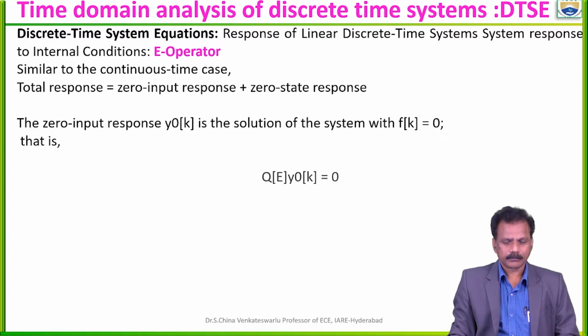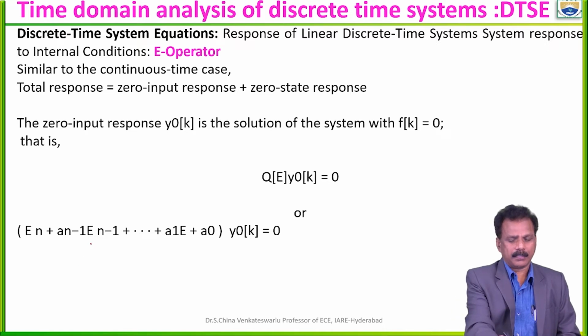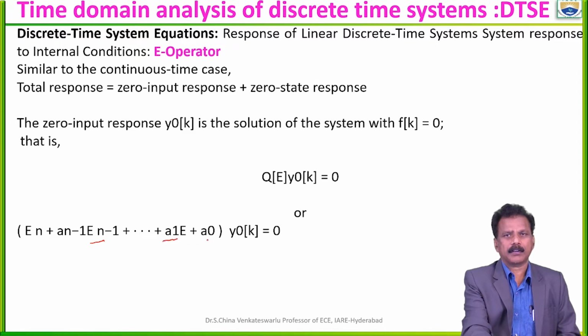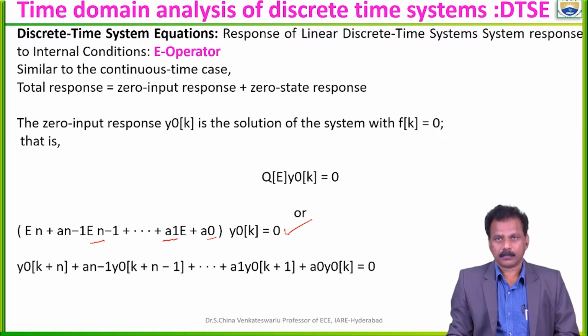That is Q of E into y0 of k is equal to 0, or you can consider (E^n + a_{n-1} E^{n-1} + and so on + a1 E + a0) applied to y0 of k equal to 0, or y0 of k plus n, plus a_{n-1} y0 of k plus n minus 1, and so on, plus a1 y0 of k plus 1, plus a0 y0 of k is equal to 0.